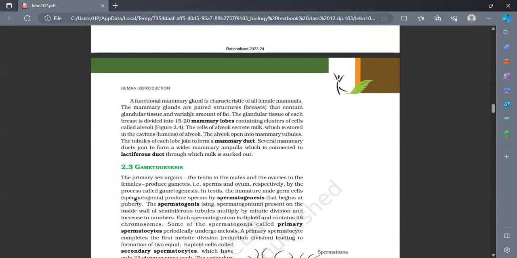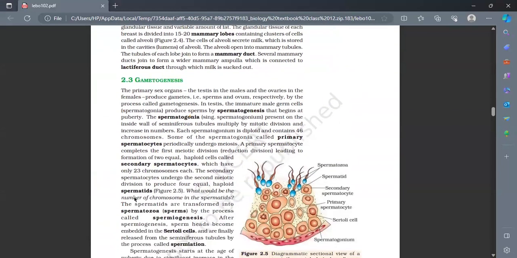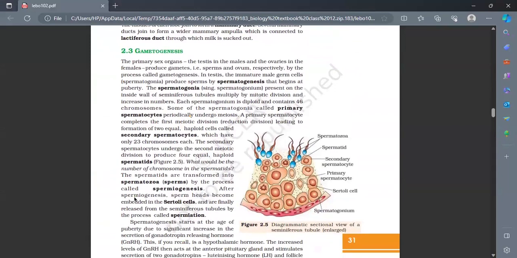Okay, fine. Let us now come to the next topic. We talked about the structure of the male and female reproductive systems, and we talked about the testes and the ovaries, the major reproductive organs, which produce the gametes. So let us see the different stages through which the gametes are produced. Obviously, first we'll talk about the spermatogenesis process.